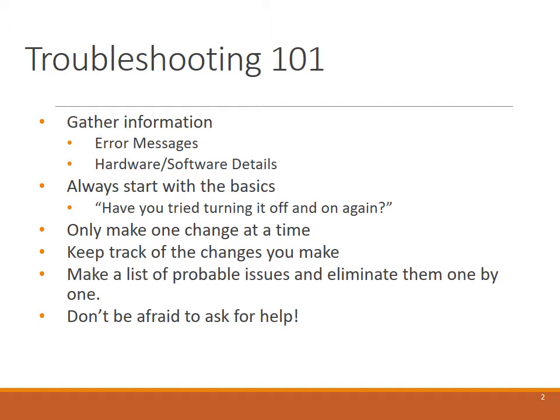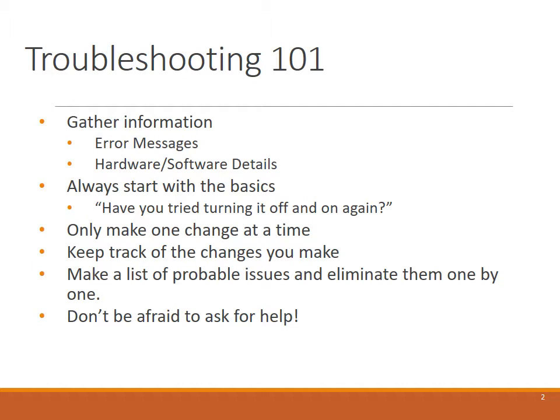So next step, make a list of probable issues and eliminate them one by one. This is usually easier said than done, but just before you start troubleshooting something, it often is a good exercise to think about what you think the problem might be and what the solutions are, and then just go through and fix things one by one.